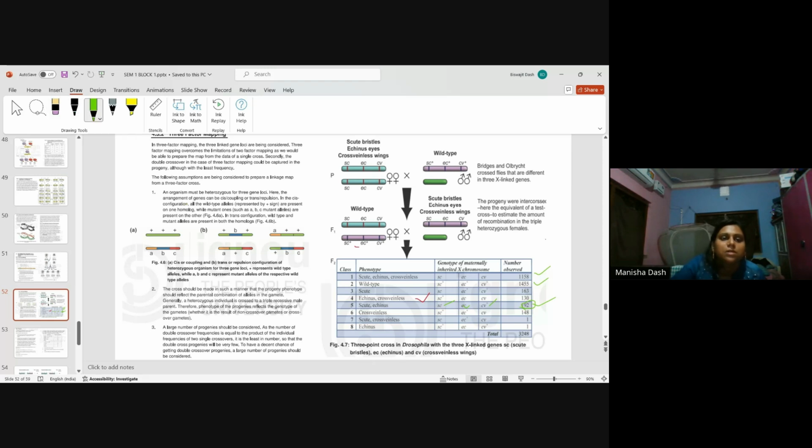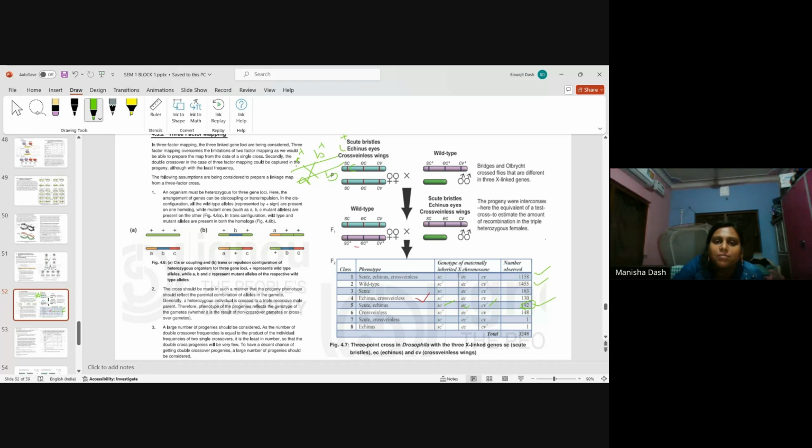So see, this is a condition. Okay, I'm drawing. This is A plus, this is B plus, this is C plus, and this is A, B, C. So what possible things can occur? Now there could be a single crossover between A and B. So if there is a single crossover between A and B, what genotype will you have after the crossing over is done?